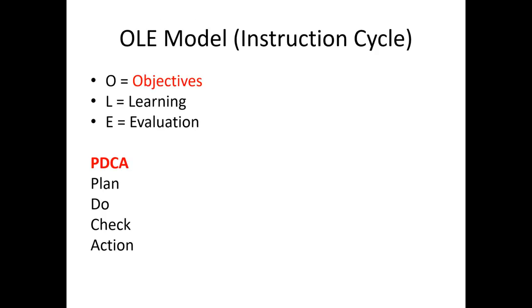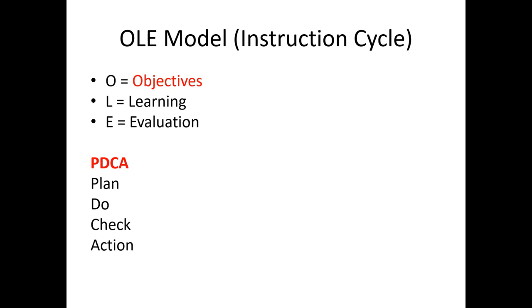Before we look at anything, we have to understand the three parts in the educational cycle, what is called the instructional cycle, namely the OLE model. O stands for objectives, L is learning, and E is evaluation.